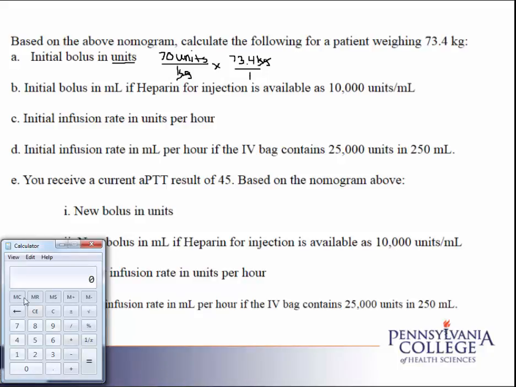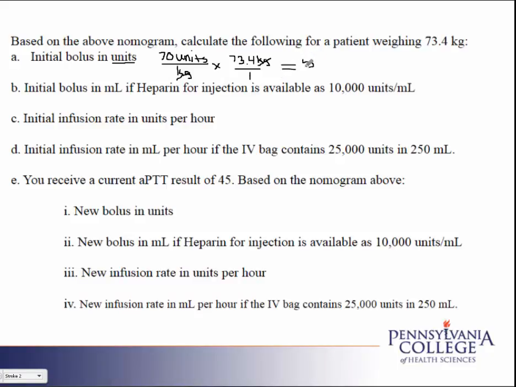So grabbing my calculator, I take 70 times 73.4 and get my answer of 5,138. The label on this, as we talked about before, is units, and we mentally double check. This is not above 10,000, which was the maximum, so we will administer the calculated dose.